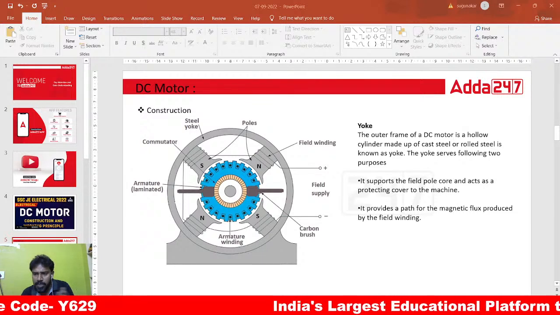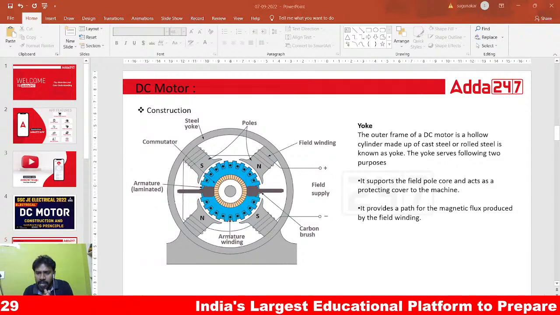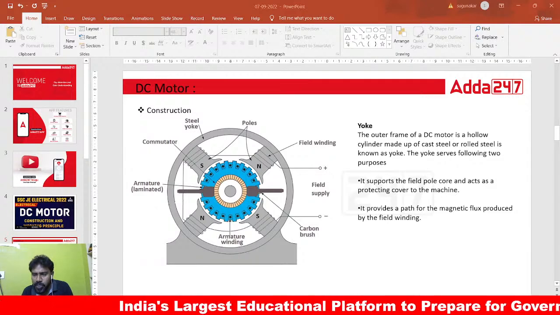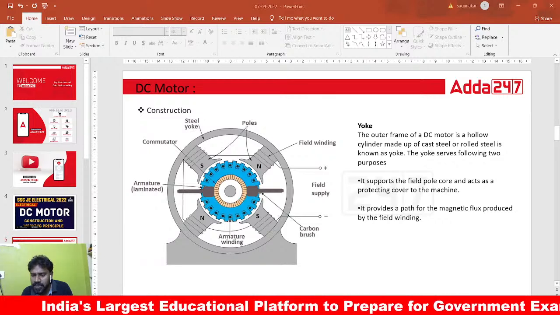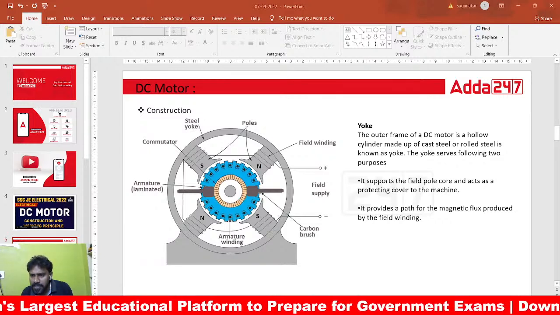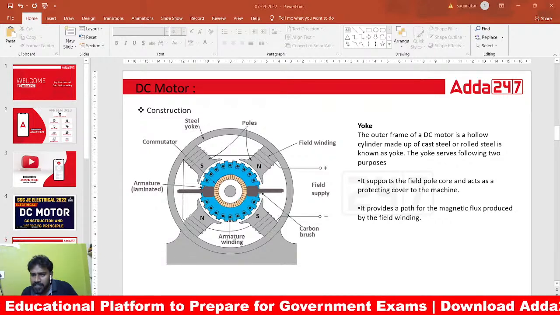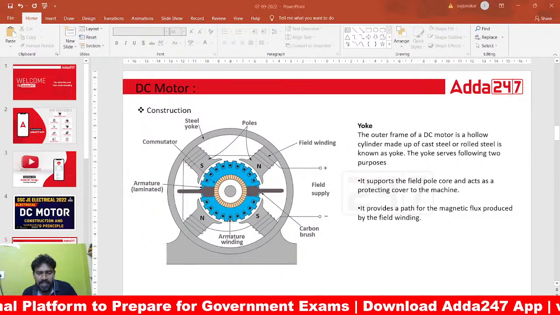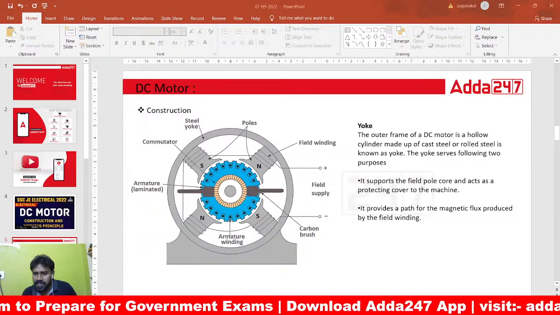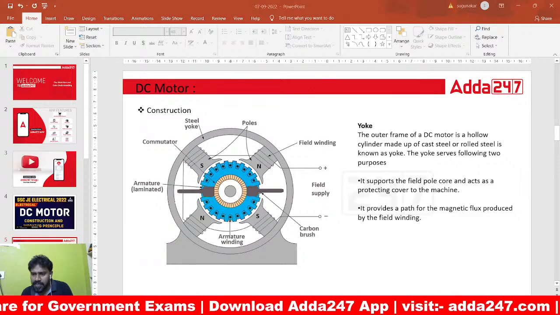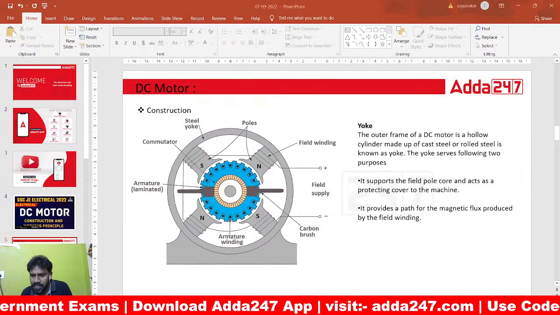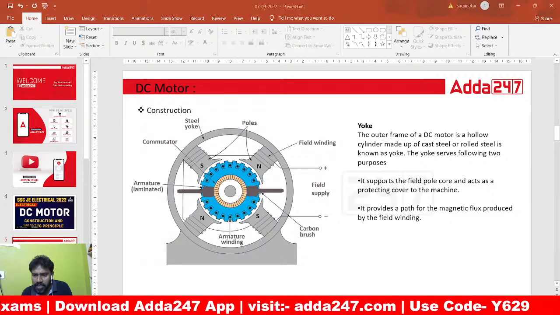Yes, I'm audible, I'm asking the question. As per the construction of the DC motor, we mainly focus on only two parts. What are the two parts? Yes, I'm expecting an answer from you all.